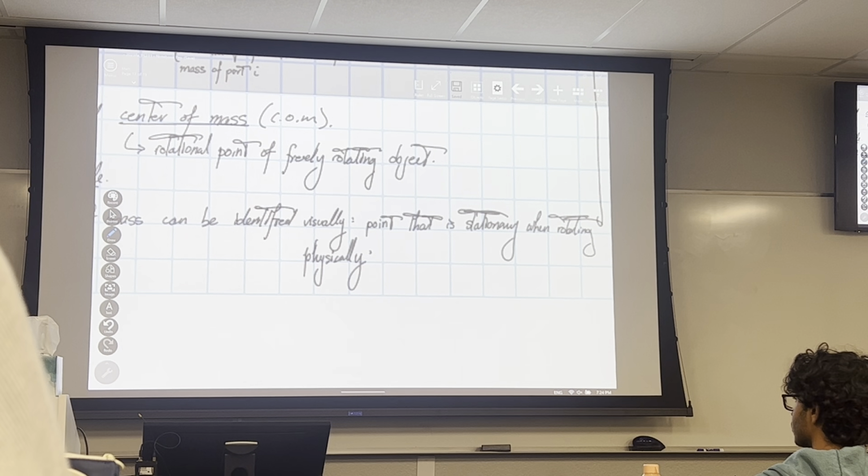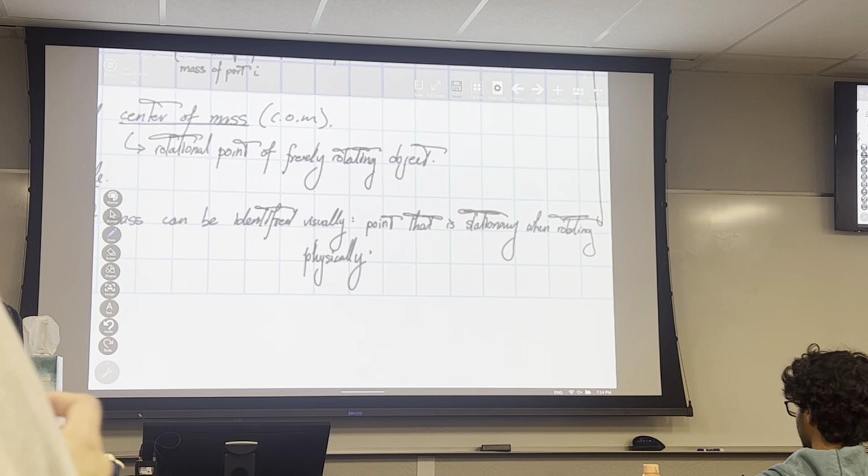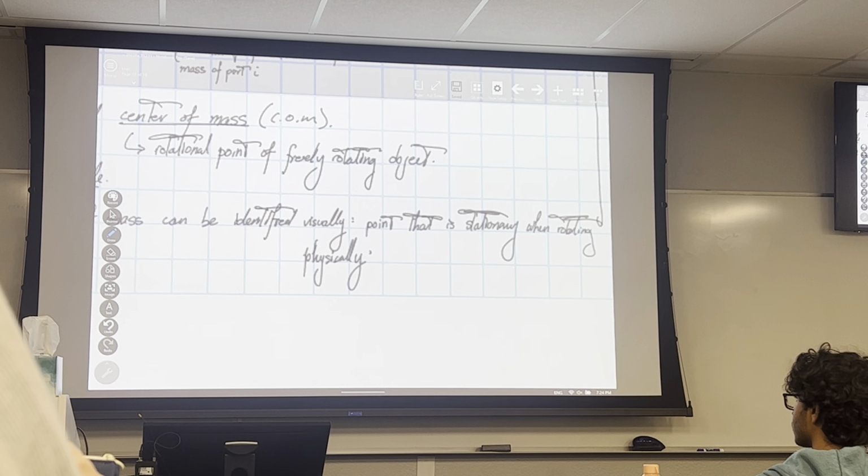And the exact point where the center of mass is, when you try to move it side to side, is not going to wiggle whatsoever. That's how you know that you found the center of mass. Another way to do it is just use your finger and balance it. Alright, that would be the center of mass for my pen.